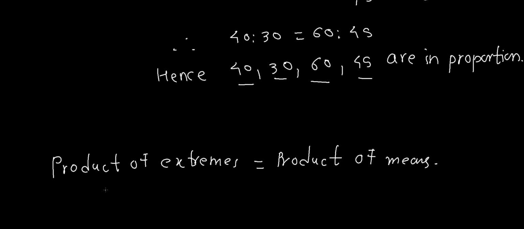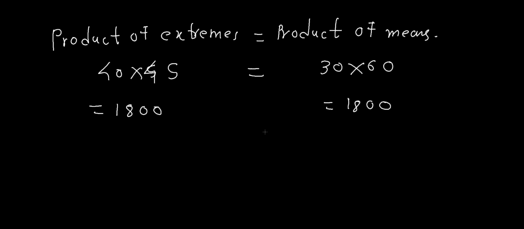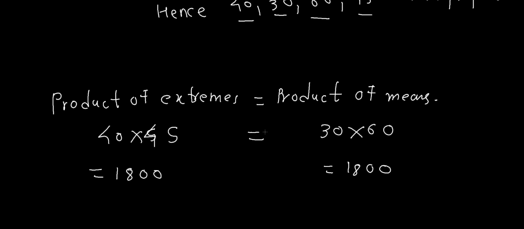Product of extremes, 40 into 45, and product of means, 30 into 60. 40 into 45 equals 1800, and 30 into 60 equals 1800. Hence product of extremes equals product of means.